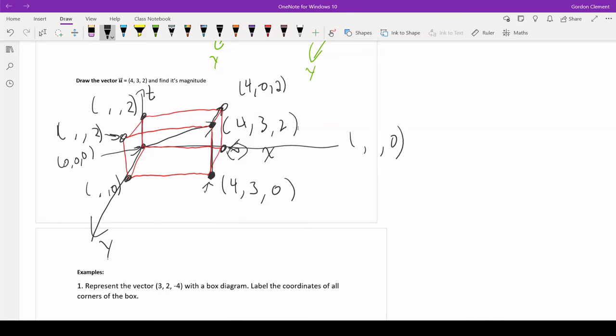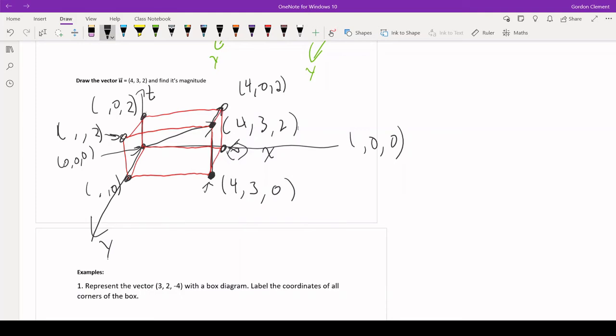And so everything on the back of the box would also have a y of 0. So all 4 corners on the back of the box would have a y of 0. Oh, sorry, that's not pointing to this one. The origin is the other one down there, which already has the y of 0 filled in. So I've got y of 0 on this one, that one, that one. So I got my 4 y zeros there.